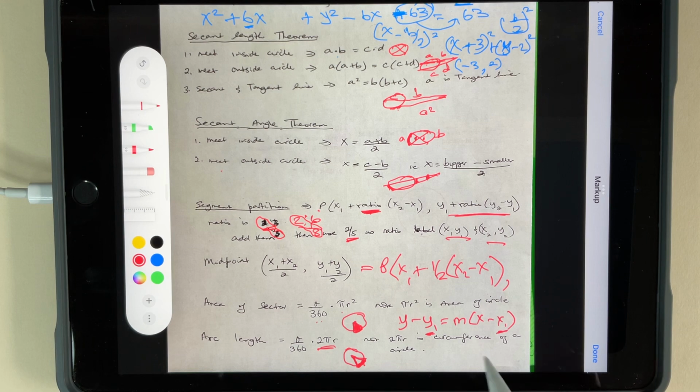Those are the coordinates that you need to substitute there, and you need to find your slope. Now you need to also know how to find the slope of a given line. If the line is parallel, you use the same slope. If the line is perpendicular, you need to use the negative reciprocal of it. Negative reciprocal of that. All right, and I'll also have a video on that posted on my YouTube.